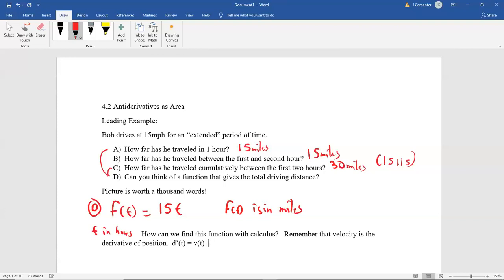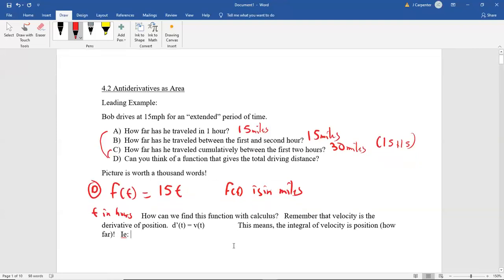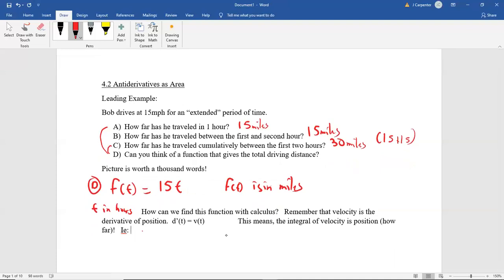This means if you go backwards, if you think antiderivatives, the integral of velocity is position, which is how far you've gone. I.e., the integral of velocity is equal to distance, or position.